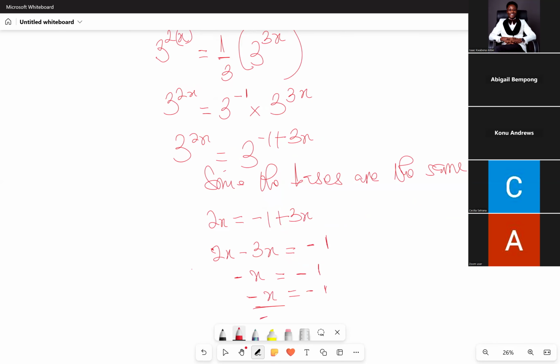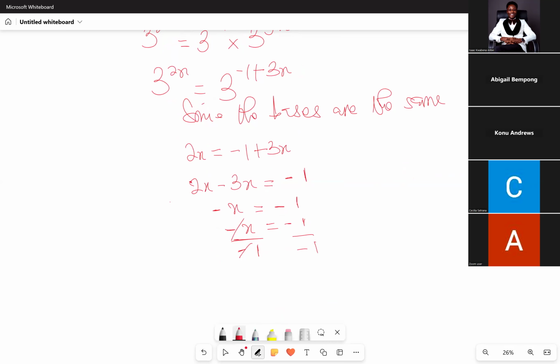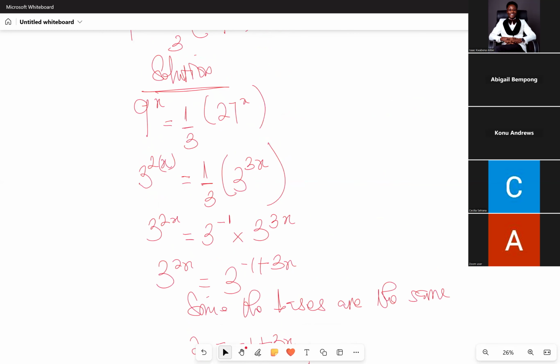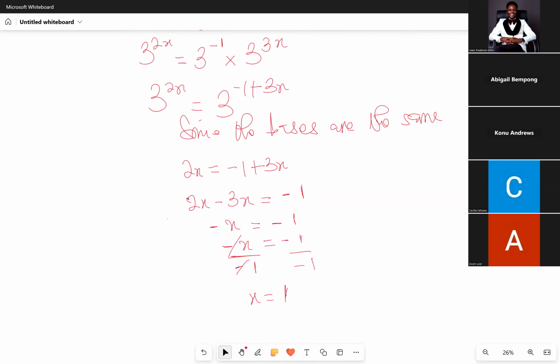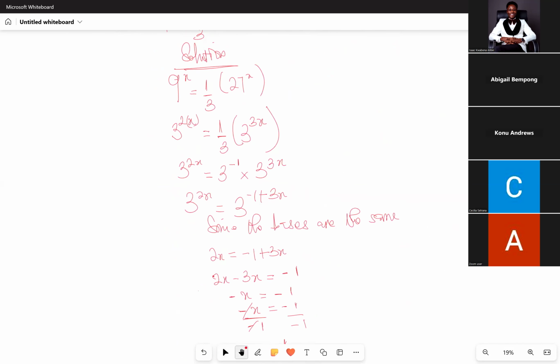Negative 1. So this cancels that, and x equals 1. You're right. I hope it didn't ask you to leave your answer in a truth set form. No, sir. So, guys, this is the final answer.